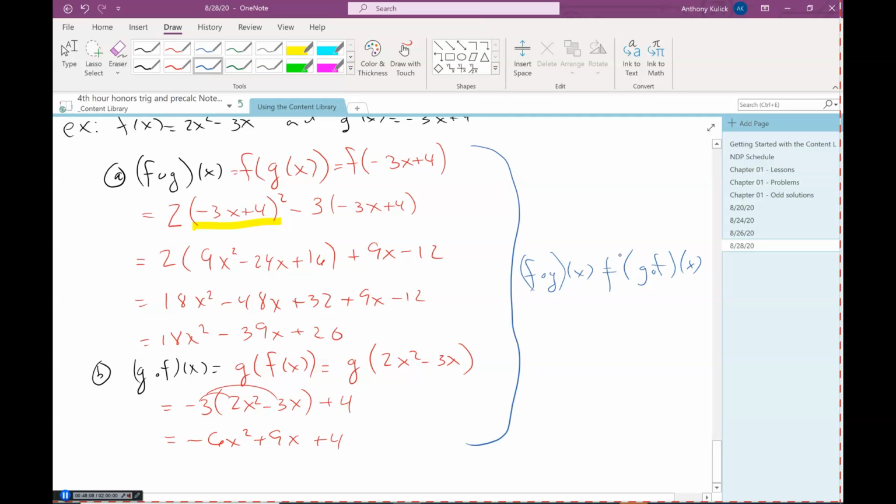F compose G is not the same as G compose F. We got two different answers, right? Up until this point, this is the only operation that you've seen that's not commutative. That means you can do it either direction and get the same result. Everybody okay with that idea? If you add two numbers, it doesn't matter if you do 2 plus 3 or 3 plus 2, you get the same thing.